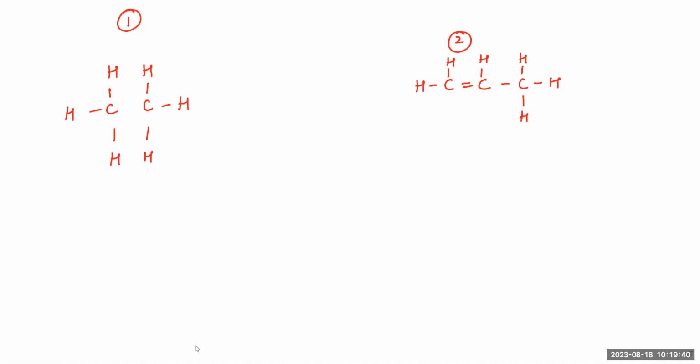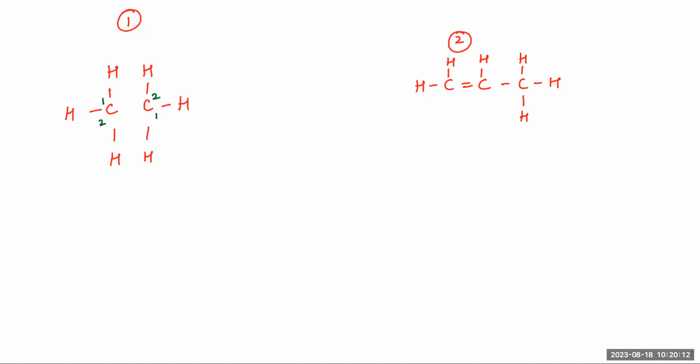Now to name this compound, we first need to find the longest continuous carbon chain, and here in this first example we have two carbons. So first of all, let us name it forward and backward. So the naming would be 1 and 2 here, if I'm starting from the left side, and if I'm starting from the right, it's going to be 1 and 2.